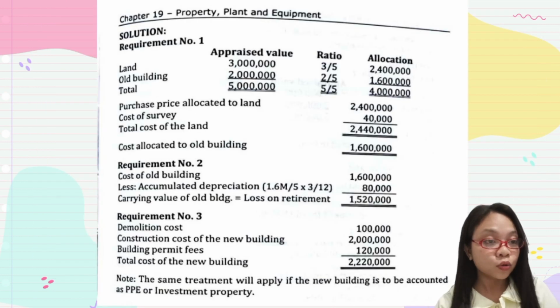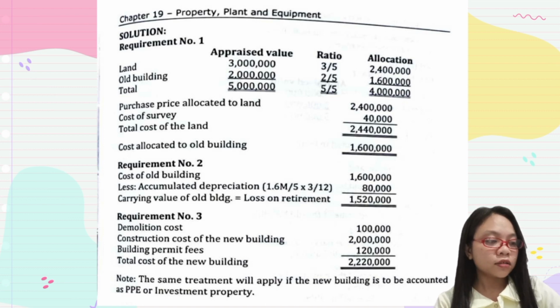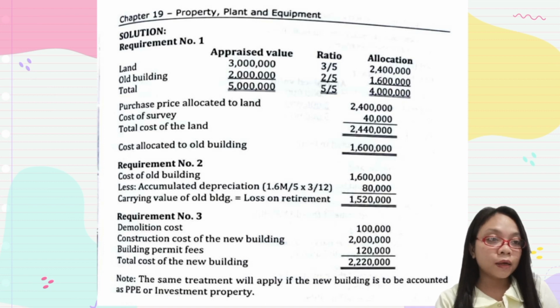Actually, the treatment of the new building, whether it is used as PPE or as an investment property, is just the same. So, to answer requirement number one, cost of the land and old building as investment properties at initial recognition, the solution is the same.